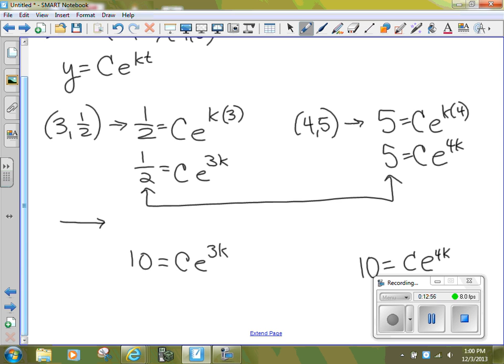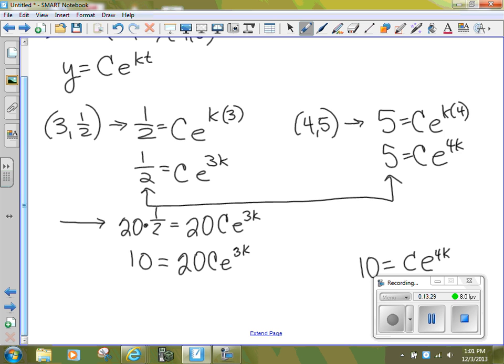And of course, if I multiply 20 to the left side, I have to multiply 20 to the right side as well. Is that going to be okay if I change that next step? 10 equals what? I've got to change that to be 20C e to the 3k, don't I? Is that okay?